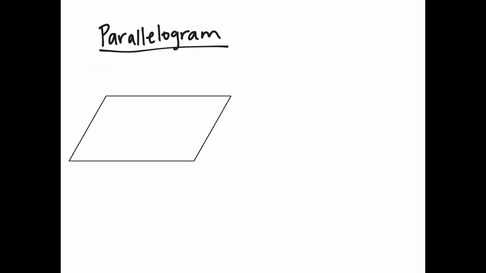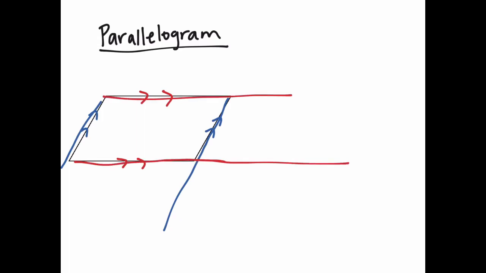So a parallelogram is a quadrilateral that has two sets of parallel lines. So if these go forever, they will never touch each other. Same with this pair. They could go forever and never touch each other.